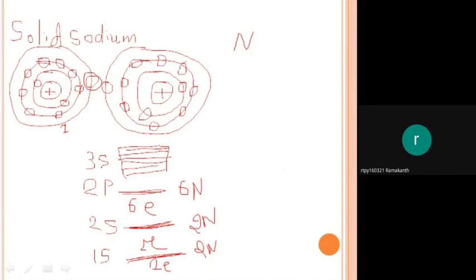So it makes a series of energy levels. This is called an energy band.